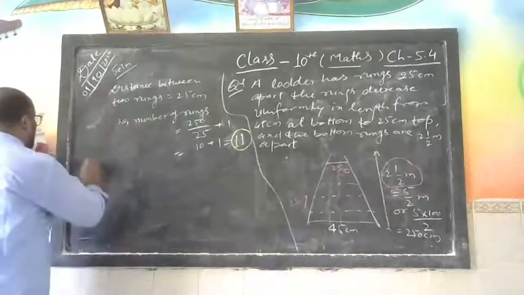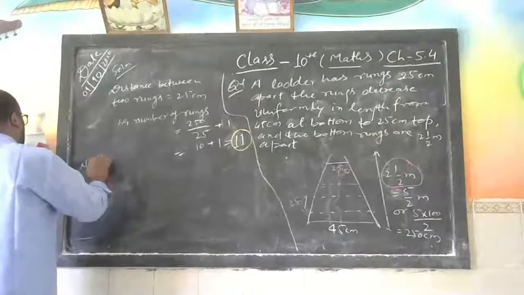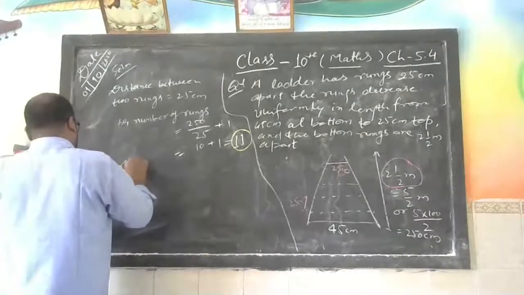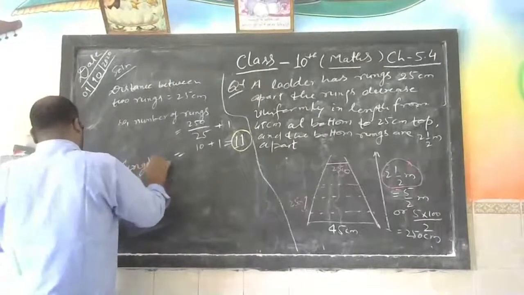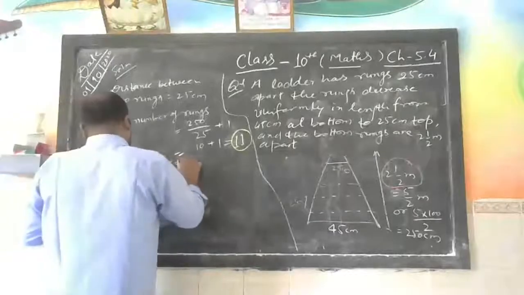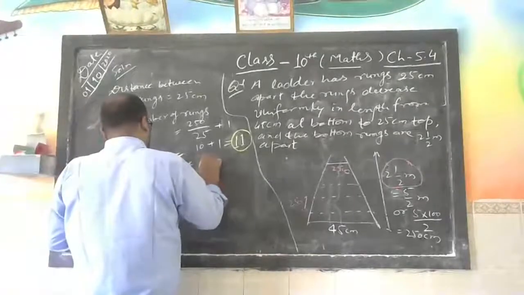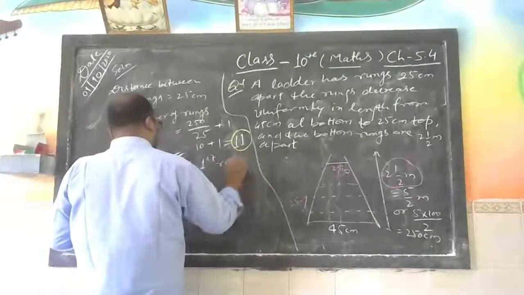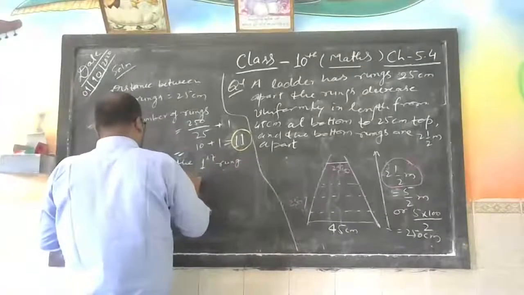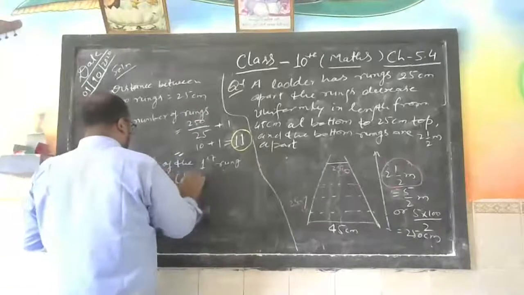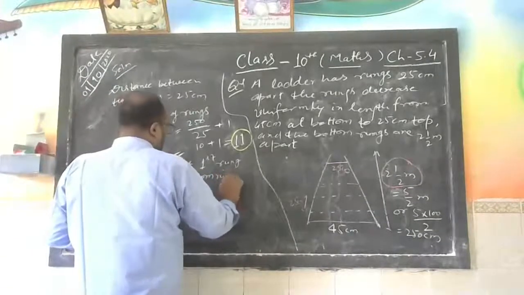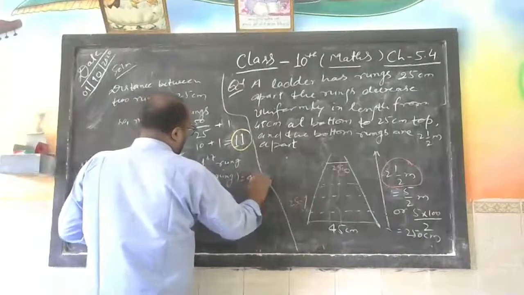Now the length of the first rung, that is bottom, is equal to 45 centimeter.